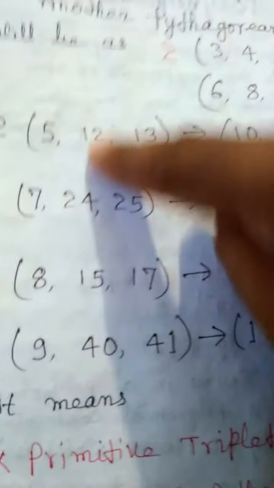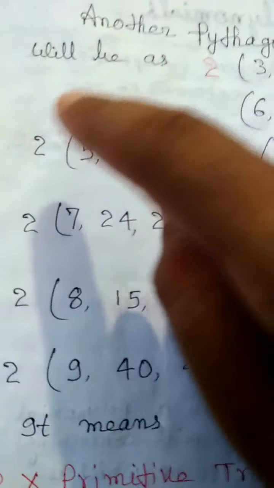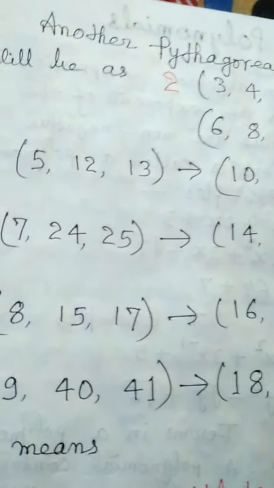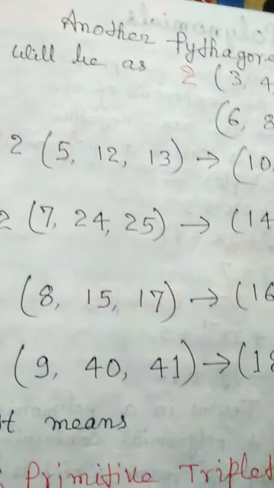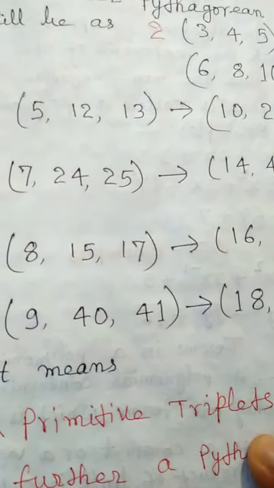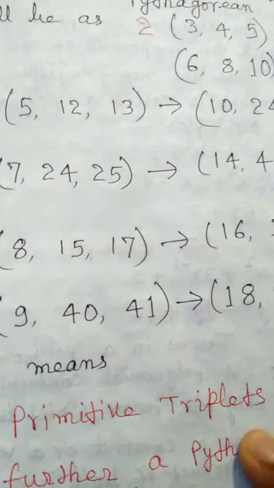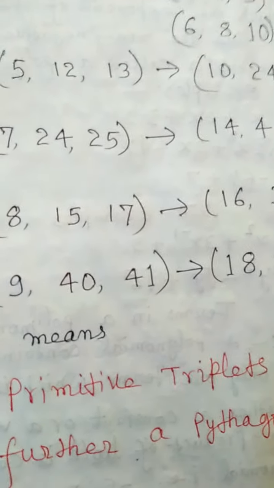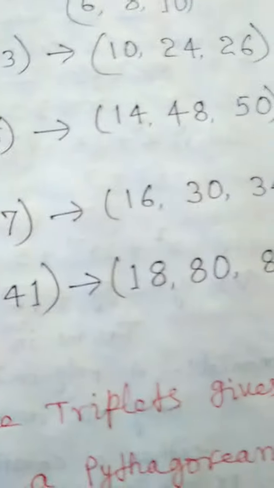All these are primitive Pythagorean triplets which, when multiplied by 2, give another Pythagorean triplet. In this way, 2 times a primitive Pythagorean triplet gives us further Pythagorean triplets.